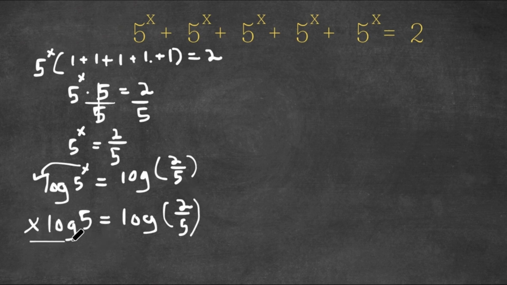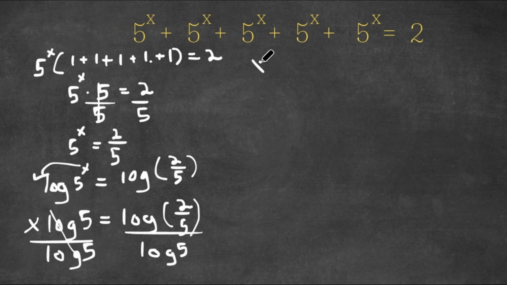Now I'm actually going to divide both sides by log 5. So these two cancel out and I get x is equal to log 2 over 5.